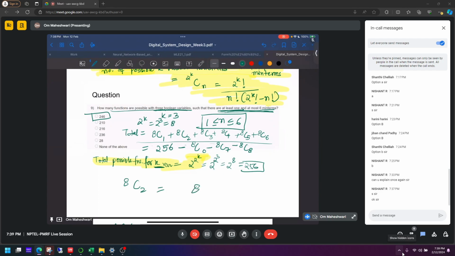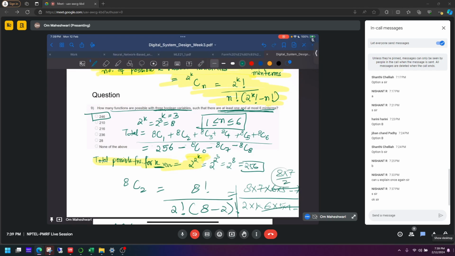It will be 8 factorial upon 2 factorial times (8 minus 2) factorial. 8 factorial is 8 into 7 into 6 into 5 and so on till 1, and 2 factorial is 2 into 1. 8 minus 2 is 6 factorial, which is 6 into 5 into 4 and so on. So this and this will cancel. You have 8 into 7 upon 2, which is 28. Okay, sir. Thank you so much.